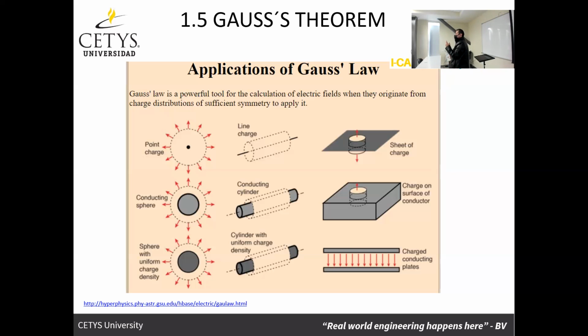But in those three cases, the things we were analyzing didn't have volume. They were linear or surfaces. But now let's say that we're talking about a sphere or a cylinder or something that has volume. Well, that's where Gauss's law is useful with regards to charge distribution. So it could be any of the situations that we see there: a point charge, a sphere, a conducting cylinder, plates. We can use Gauss's law to find those out.